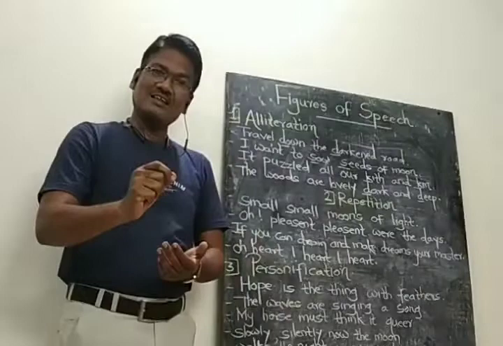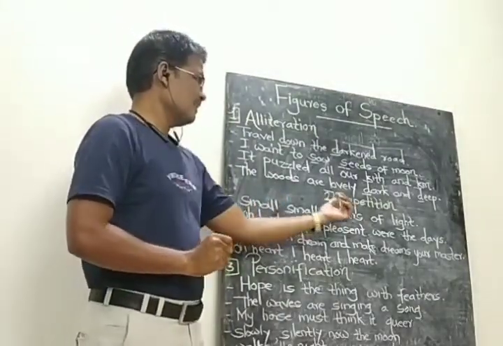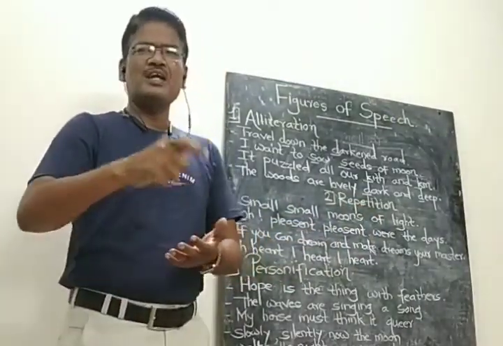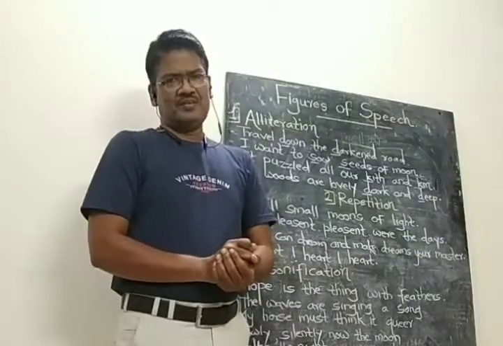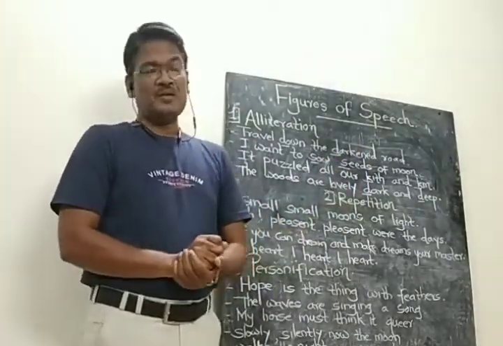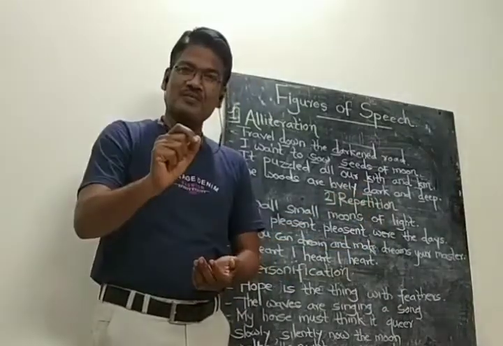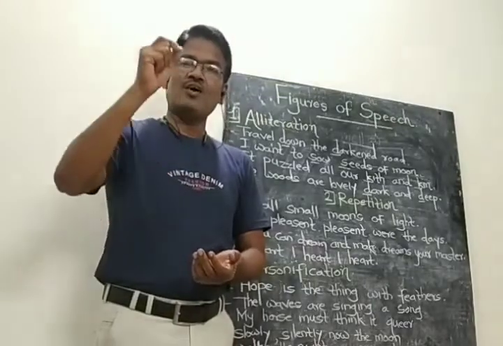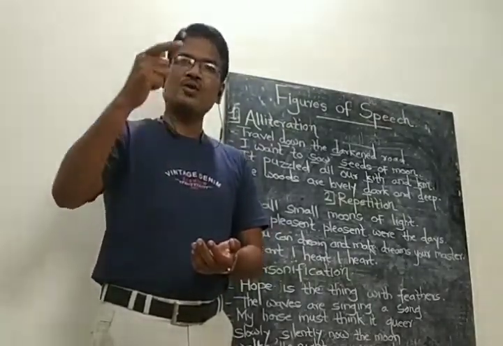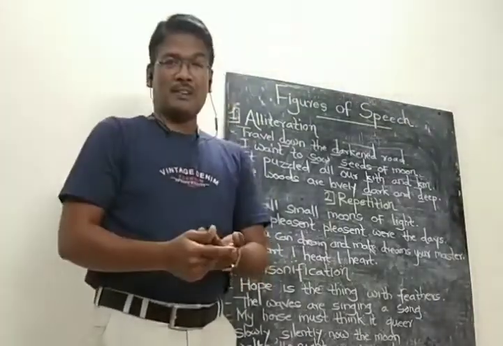Now let us see the second figure of speech. The second figure of speech is repetition. Repetition means repeated again and again. Here what we have seen, the sound is repeated. But in the figure of speech repetition, a word or more words, that is a single word or 2 or more than 2 words, are repeated again and again.